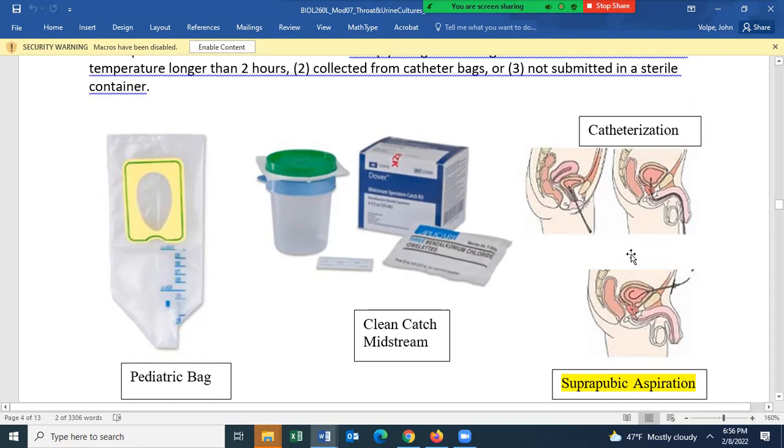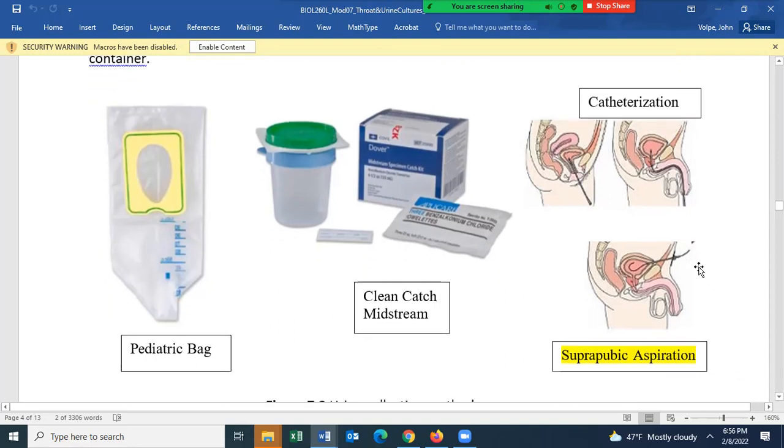The best way to do it is actually suprapubic aspiration, where you put a needle into the bladder and you sterilize, or not sterilize, but degerm the skin and then put the needle into the bladder and then sample the bladder urine directly from the bladder.